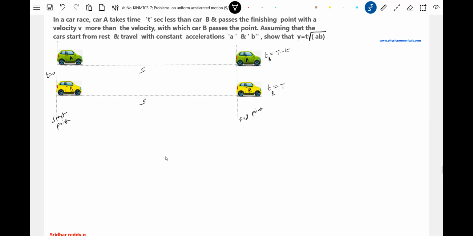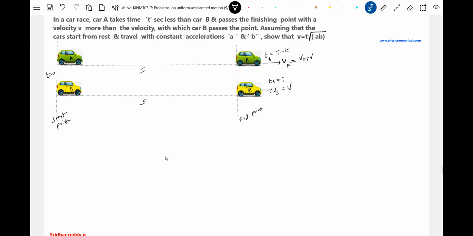T seconds less than car B and passes the finishing point with a velocity V more than the velocity with which car B passes. If car B moves with a velocity more than the velocity of car B. So let this be equal to, I think this is the data, looking at the question, what I'm writing.